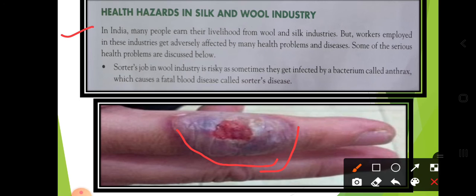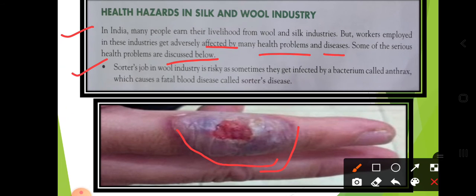In India, many people earn their livelihood from the wool and silk industries, but workers employed in these industries are adversely affected by many health problems and diseases. Some of the serious health problems are discussed below.